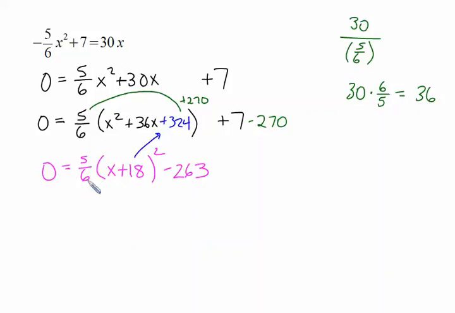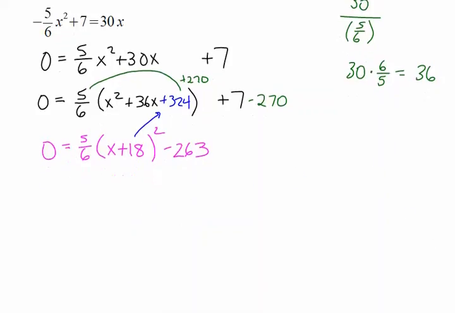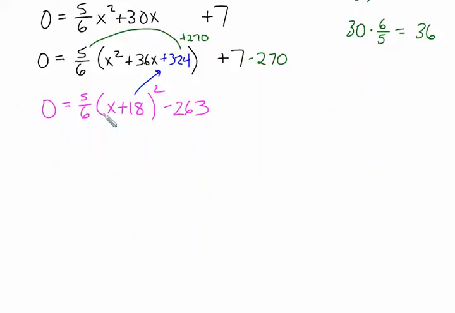Okay, so now we have to solve this equation, now that we have completed the square. In doing that, just take it one step at a time. So we'll bring the 263 over to the left, equals 5/6 times the quantity x plus 18 being squared.